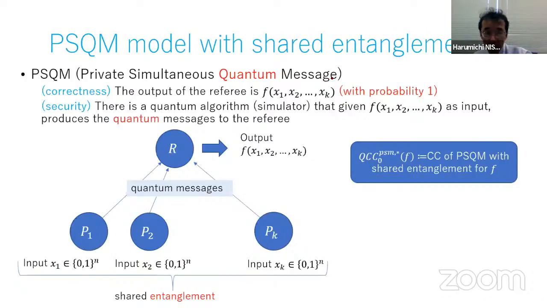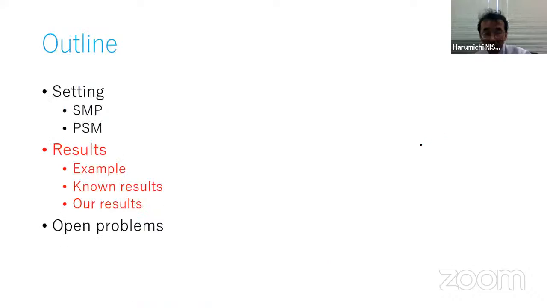Of course, we can consider another quantum variant, where these parties share not only shared randomness but entanglement. This is another model, so we can consider another variant of communication complexity, the PSQM model. Now I finish the setting of this talk. Now I stop here.